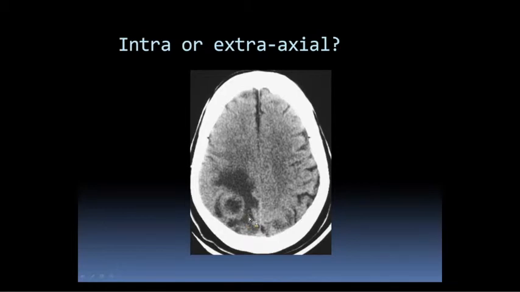Sometimes that's not the case, and you need contrast to see the lesion, but sometimes you can see it even without contrast. So this is an intraaxial lesion, peripheral in location, with a lot of surrounding edema, and this is typical vasogenic edema where it spares the cortex. You nicely see the differentiation between gray and white matter.